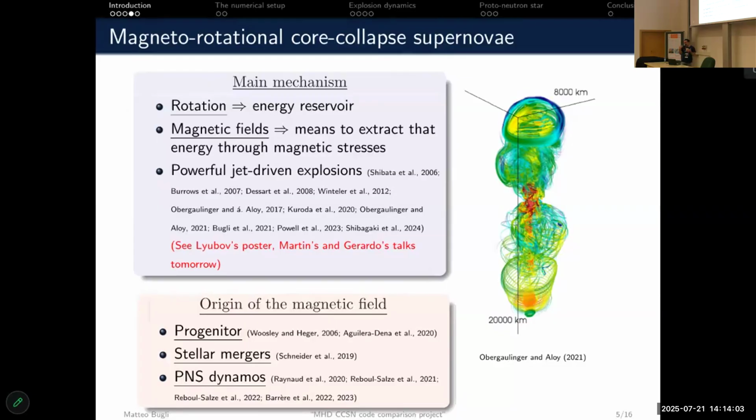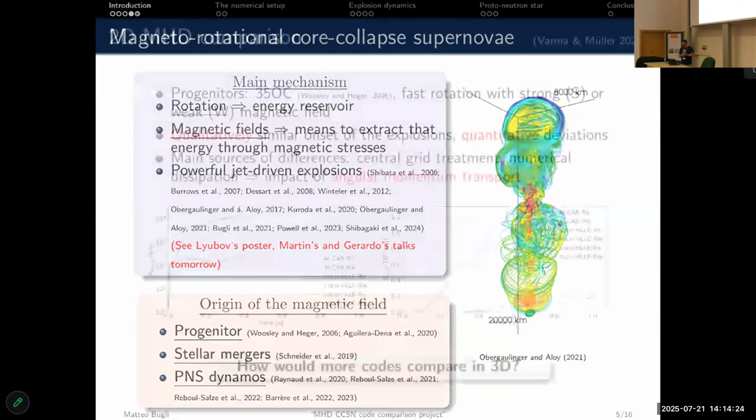Recent studies show that dynamos can in effect produce strong, intense magnetic fields, and to some extent also large-scale magnetic fields. This is where we still need to work in terms of assessing what the magnetic field looks like, but we know that in principle it can be done.